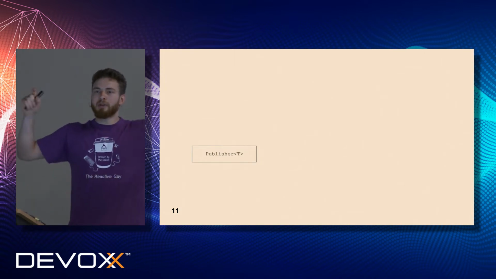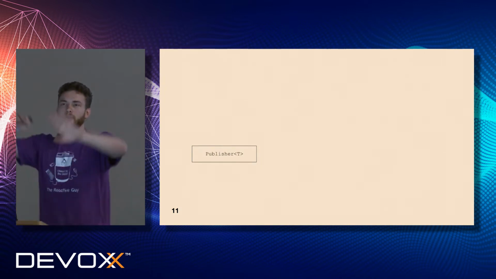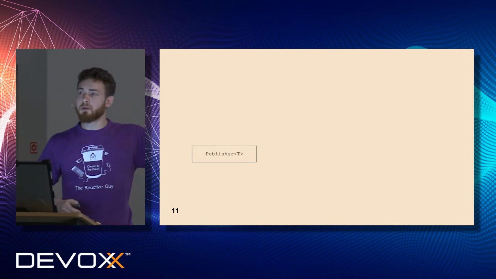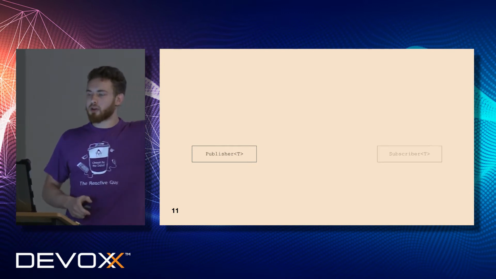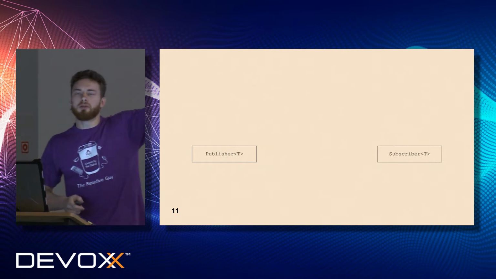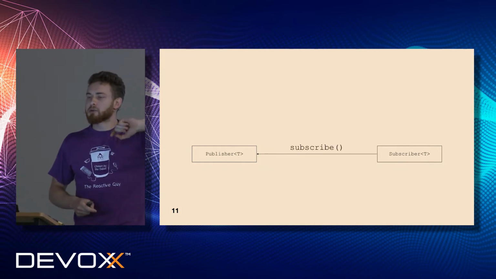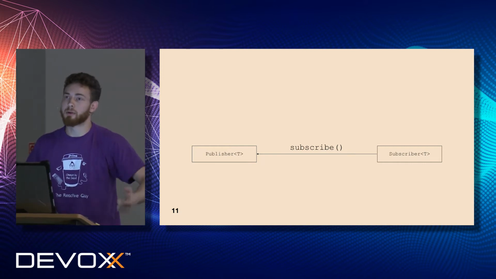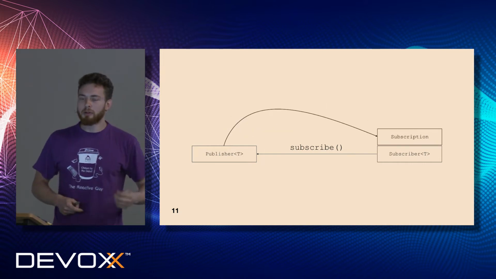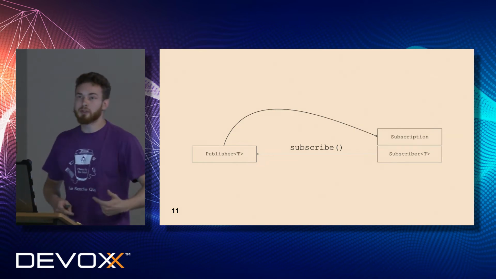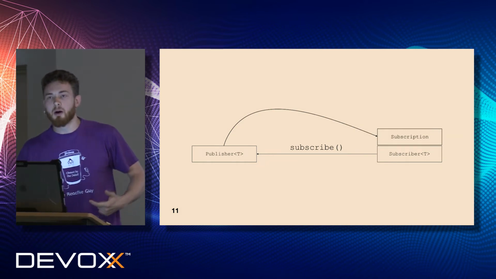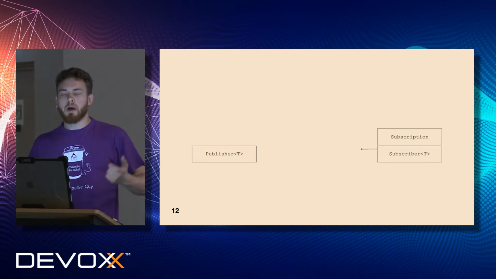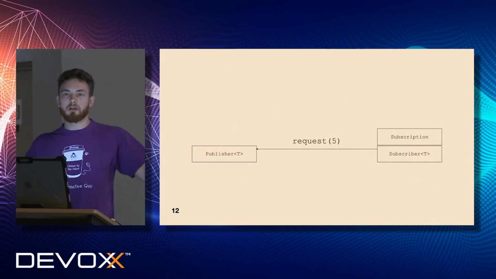If we put everything on a map and write out the communication between publisher and subscriber, we will see the following. There is a publisher, there is a subscriber. In order to start getting some data, the subscriber has to say, subscribe me, please, give me some data. The publisher will send a subscription to the subscriber over onSubscribe, and the subscriber will be able to say, okay, now I want to get 5 elements because I know my capacity.